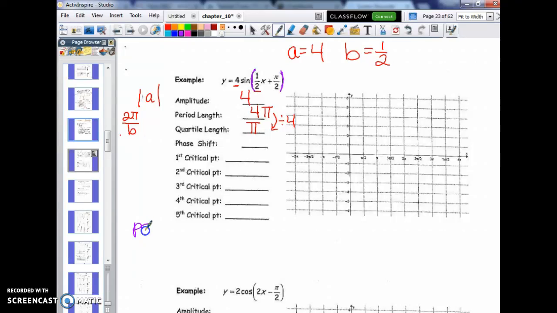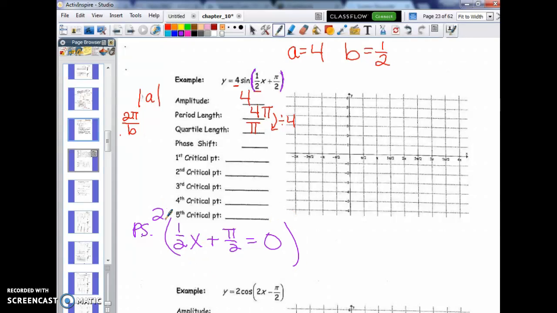So for my phase shift, I'm going to say 1/2 x plus pi over 2 equal to 0. Now, I want to probably get rid of those 2's. So if we remember back to some of our rational functions, we can multiply 2 to everything here.